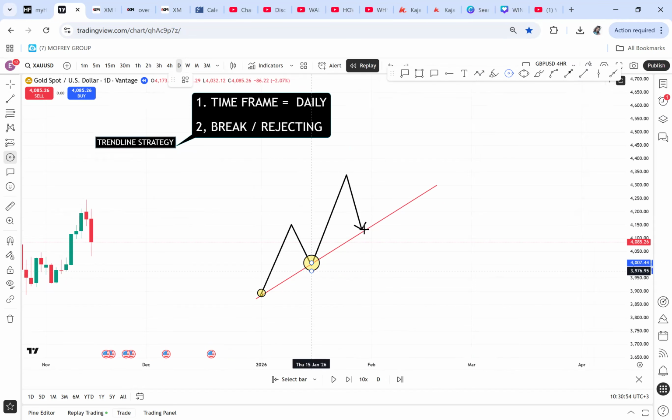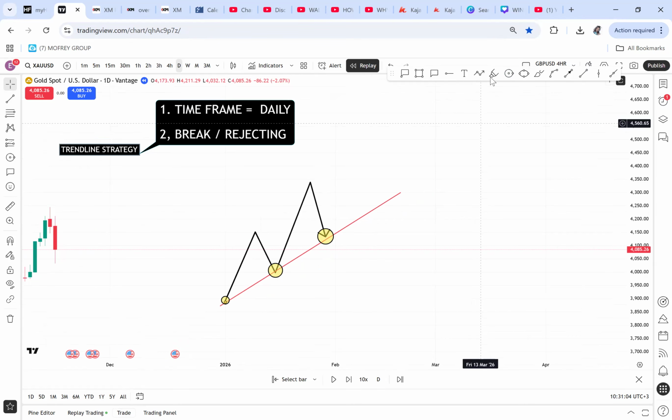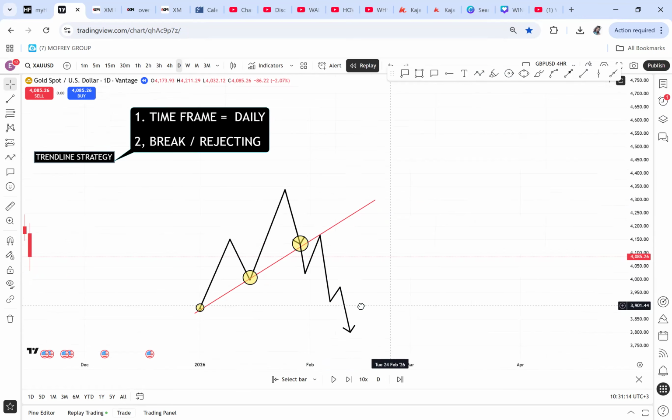That touch, you have to understand that it's either coming to break the trend line or to reject the trend line. When we say the trend line has been broken, it means it will break and then continue to sell. That is a trend line that has been broken.